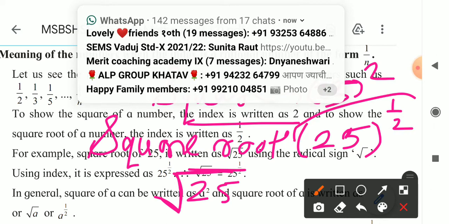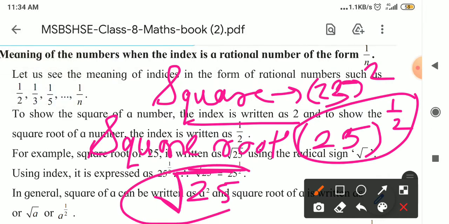The meaning of this is also the square root of 25. This is the way of writing. And what is its answer? Its answer is 5.